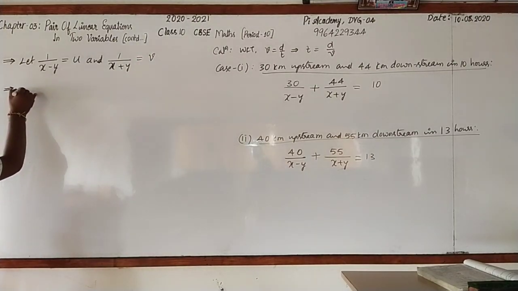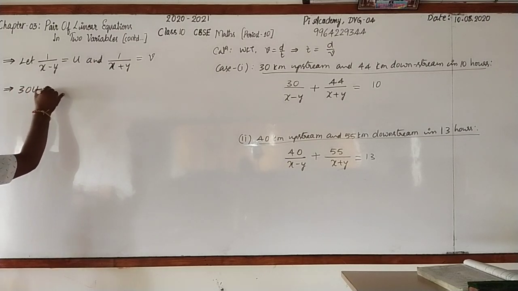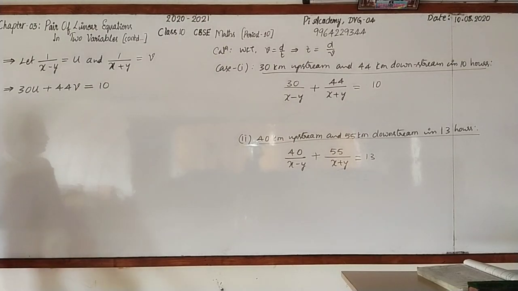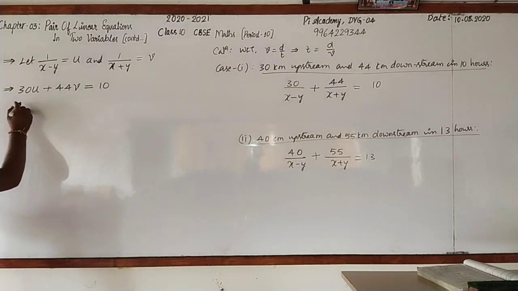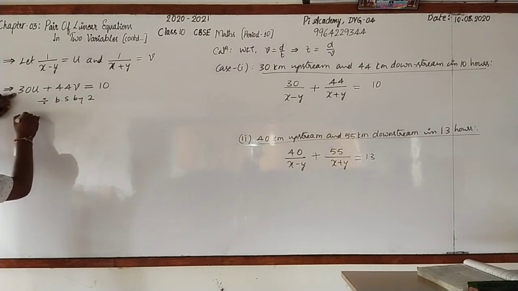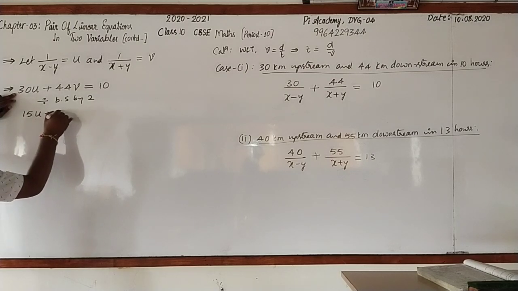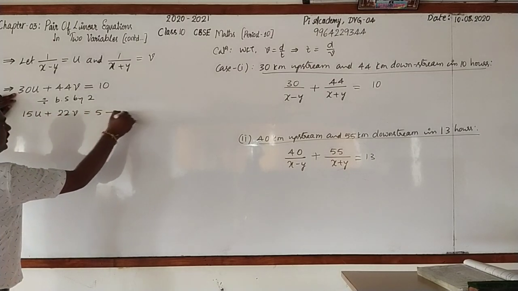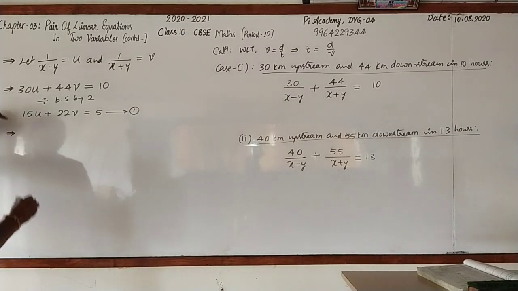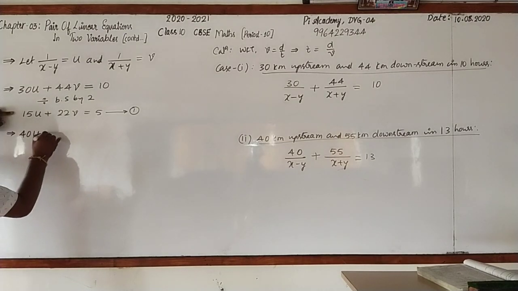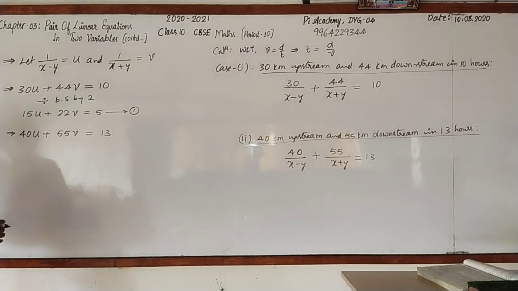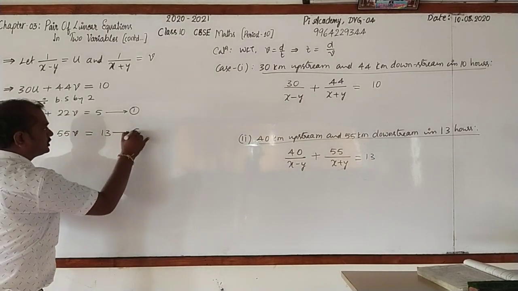It is 30u plus 44v is equal to 10, right? Then observe it. Let us divide both sides by 2. This will be 15u plus 22v is equal to 5. You may call it equation 1. Next, another one is 40u plus 55v is equal to 13. You may call it equation 2.